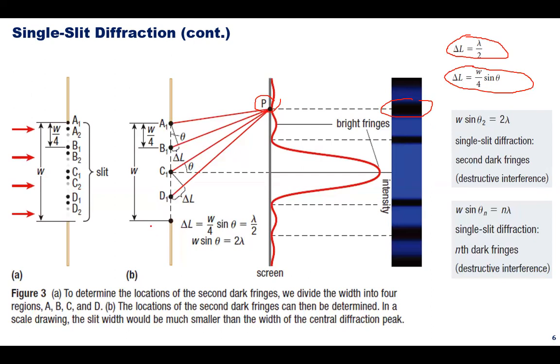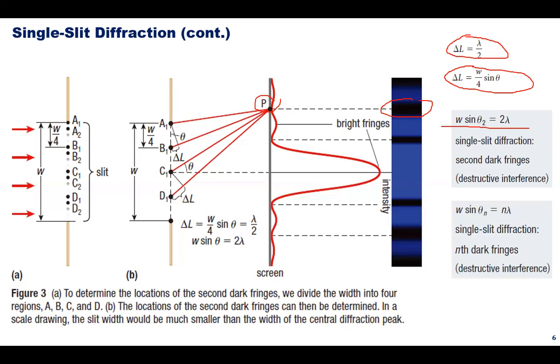The interference condition in this case is the following, where the angle again corresponds to fringes left and right of the center of the screen. So W times sine theta 2 equals 2 lambda. This is the relationship of the three variables in the second dark fringes.